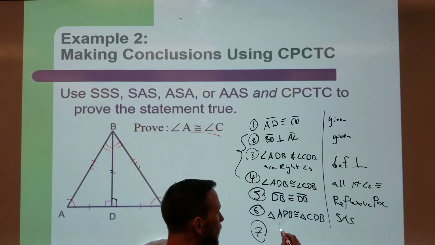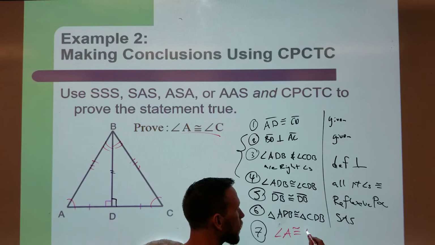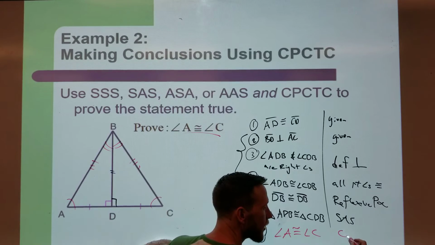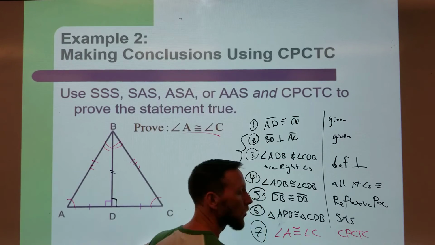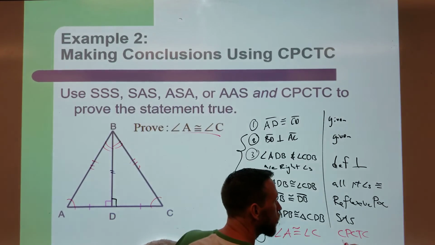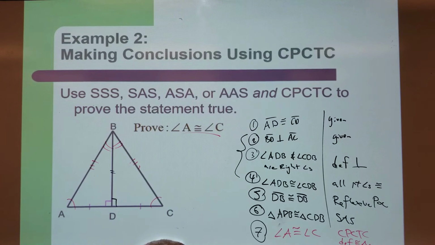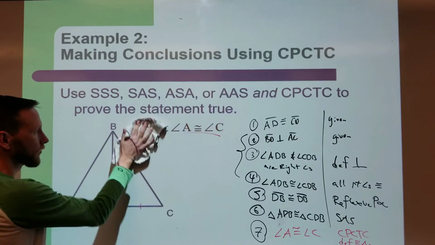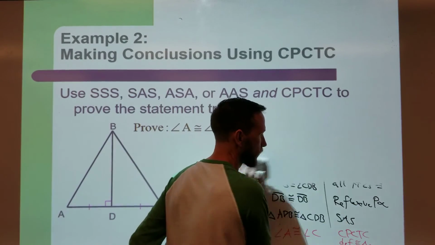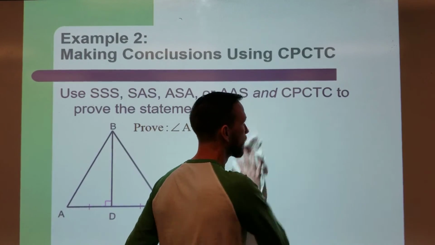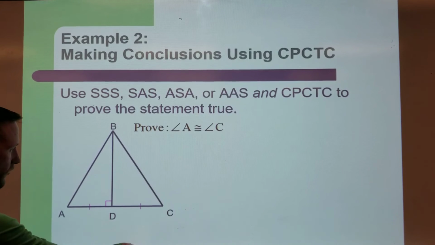So for my very last statement, I'm going to say angle A is congruent to angle C. And the reason is CPCTC. Or if you want to, you can write definition of congruent triangles, which we talked about back in lesson 1. Pause the video if you need to make sure that you can write all that down.